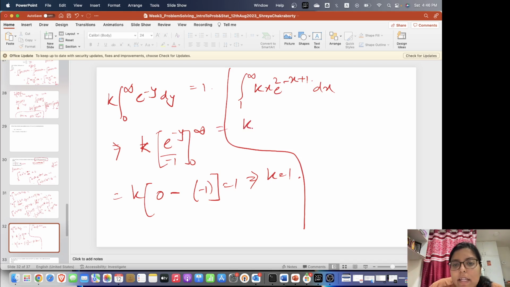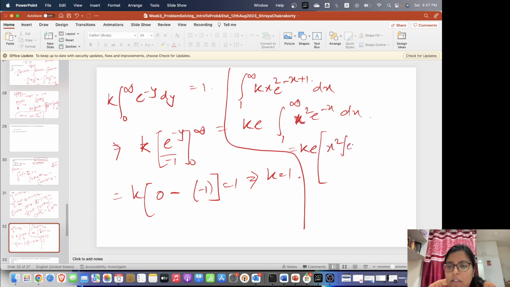So we'll take out ke, and the integration from 1 to infinity of x square e to the power minus x dx.